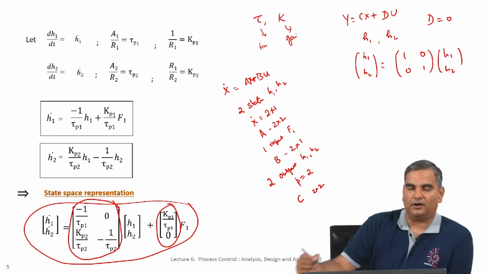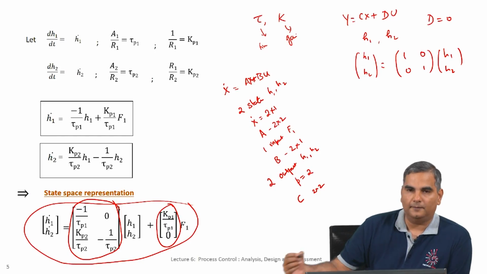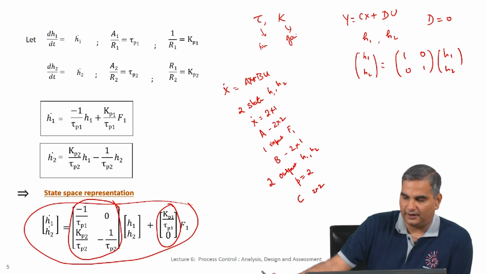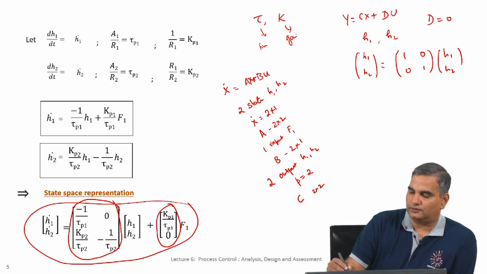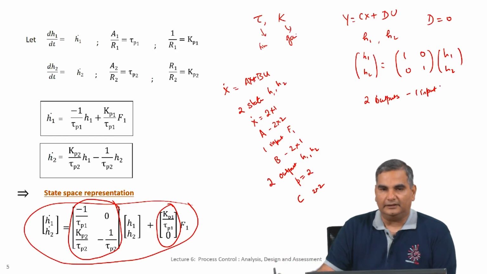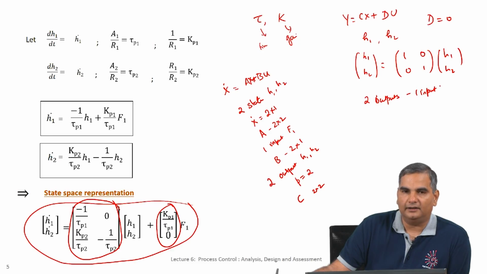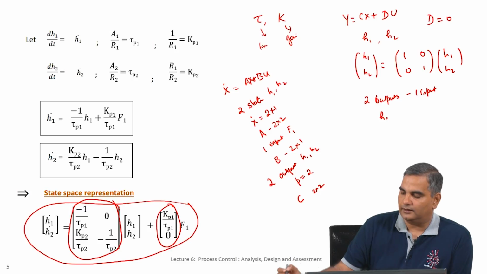So, that is how this state space model will look. Now, we cannot call this a SISO system because though there is only one input, f1 or fi, there are two outputs, h1 and h2. So, this is a two output, one input system. Now, if your interest is only in maintaining the level in tank 1, then H1 is your only output.